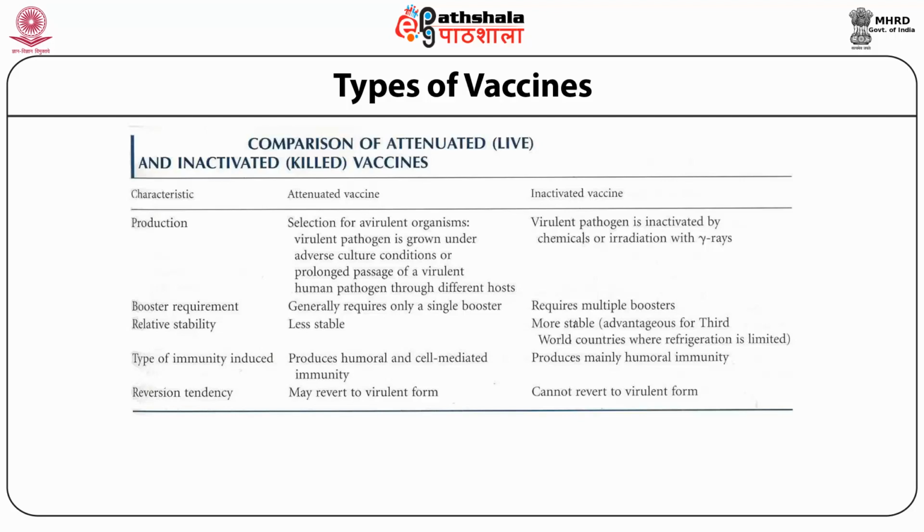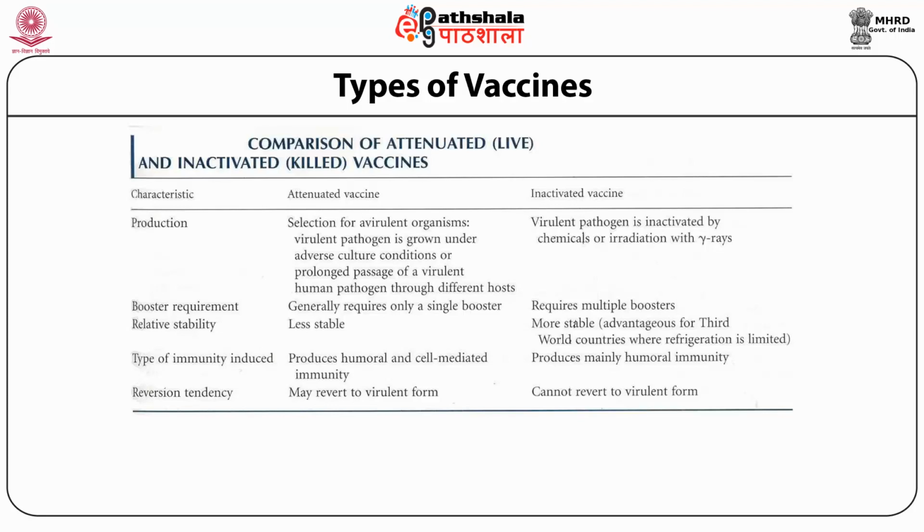Inactivated vaccines are relatively more stable as compared to attenuated vaccines. Therefore, it can prove an advantage for third world countries where refrigeration is limited. Immunity wise, attenuated vaccines are better as they produce both humoral and cell mediated immunity, whereas inactivated produces only humoral immunity.